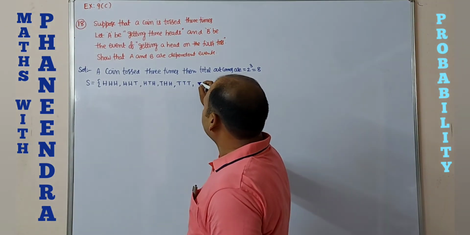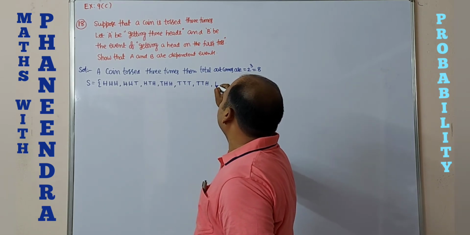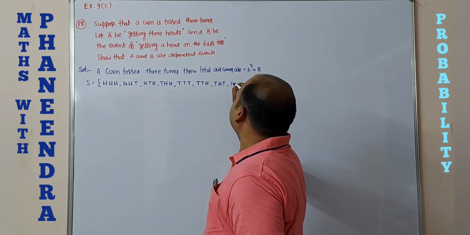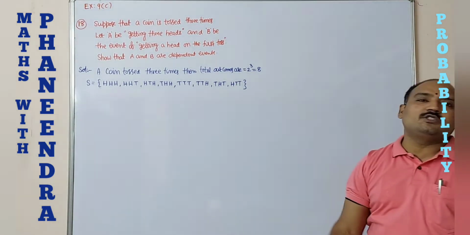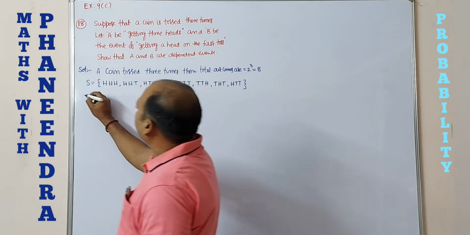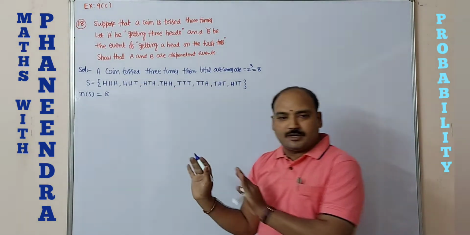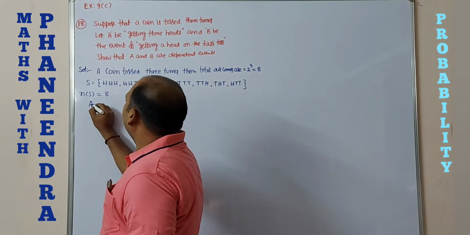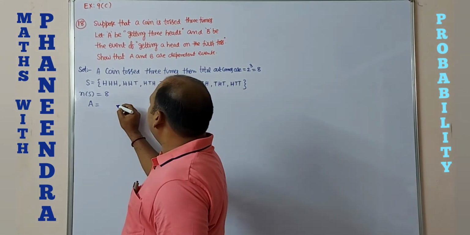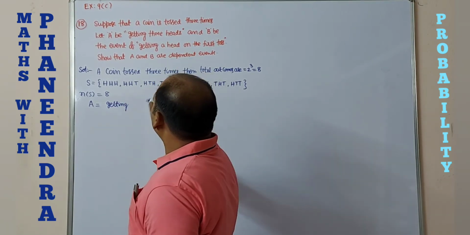Next T H, next T H T, next H T T. These are the 8 possibilities we have. N of S is equal to 8. I hope you people understand, dear students. Next, A is equal to getting 3 heads.